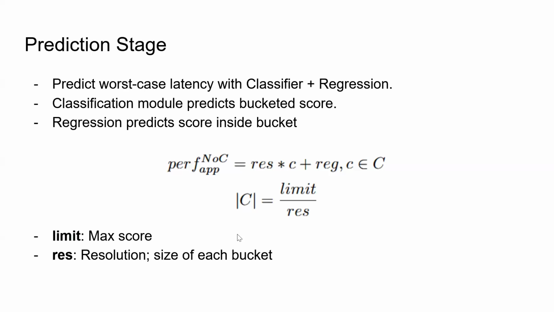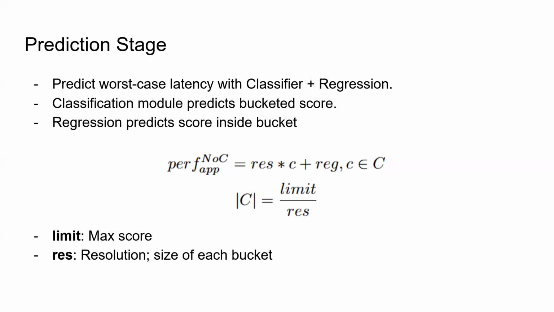And then for the prediction stage, what they're trying to do with this model is replace predicting worst case latency with a fast GNN model that just outputs a value that would be faster than RTL or analytical models.